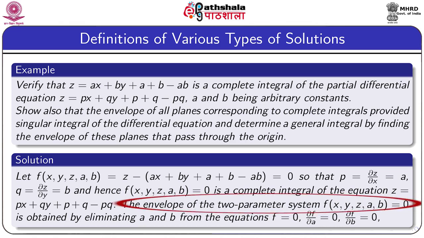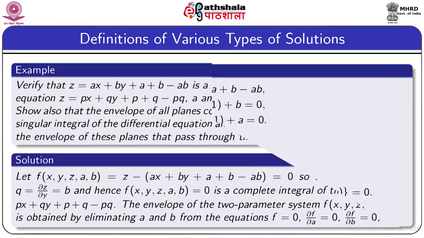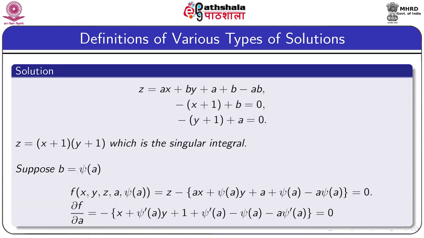Now, the envelope of this two parameter system will give the singular solution of the given equation. To obtain the singular solution, we solve the equations f equals 0, del f del a equals 0 and del f del b equals 0. If we write the equations, they will be in this form.